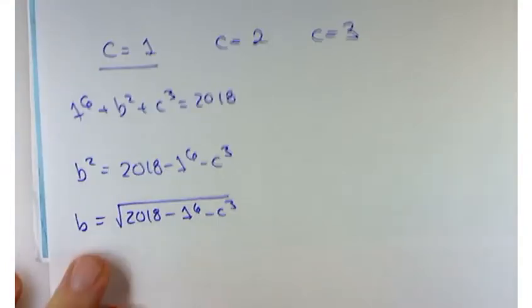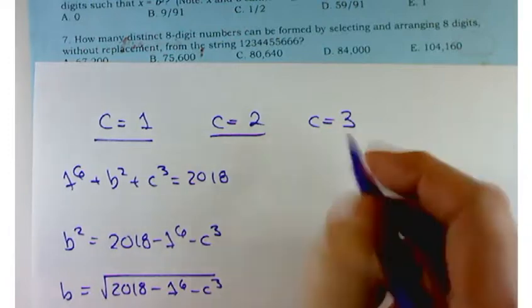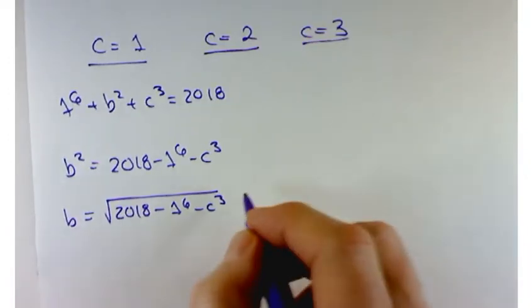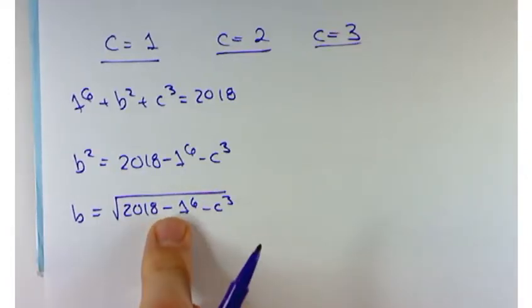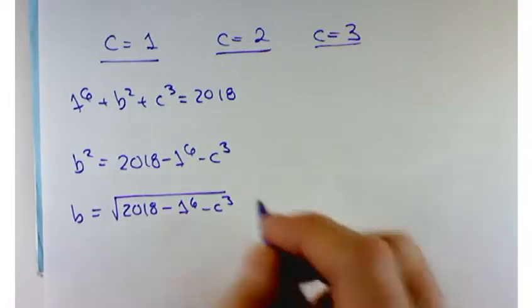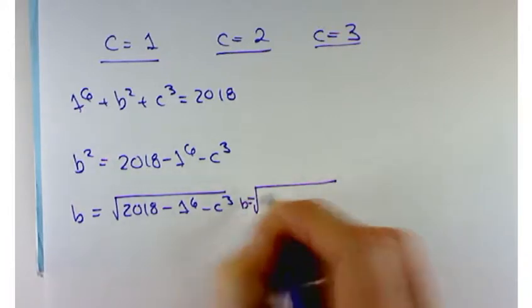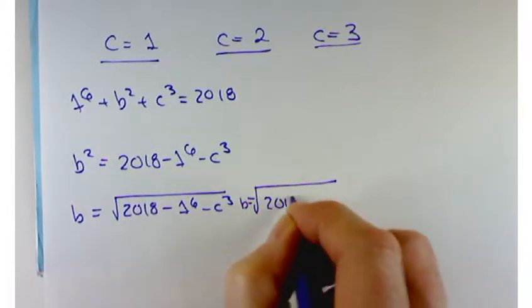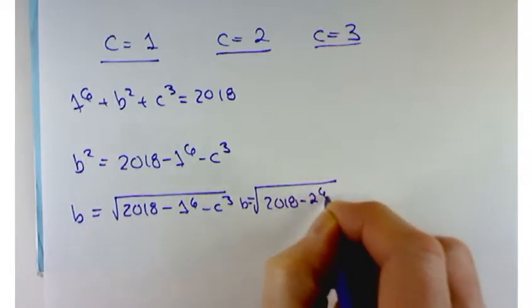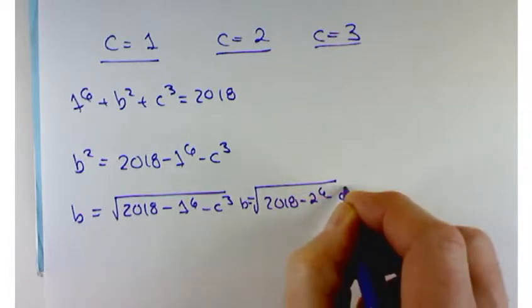And I can do the same thing for when A is 2 and when A is 3. So let me write down 3 expressions. And if you wanted to simplify these, if you just want to write in 2017, that's fine. Nothing wrong there. But let me just write in the general case for these other two. 2018 minus 2 to the 6 minus C cubed.